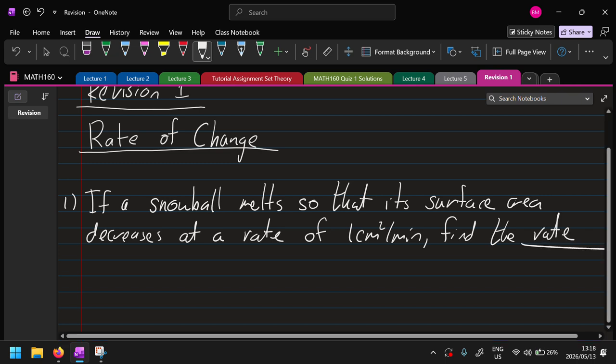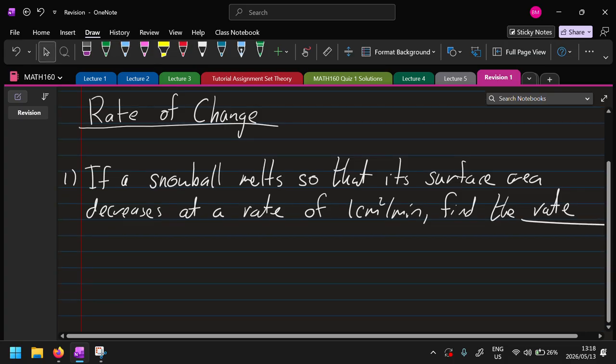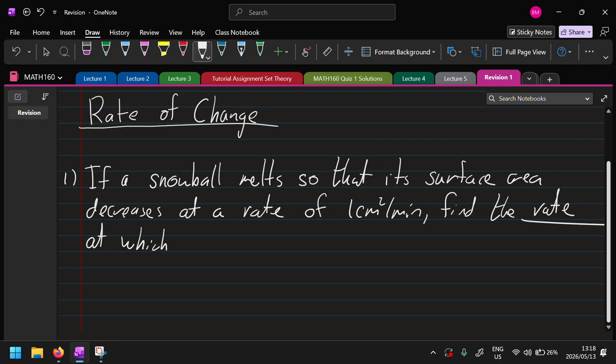So that's your keyword, right? There's rate or rates of change or something like that. So find the rate at which the diameter decreases when the diameter is 10 centimeters.